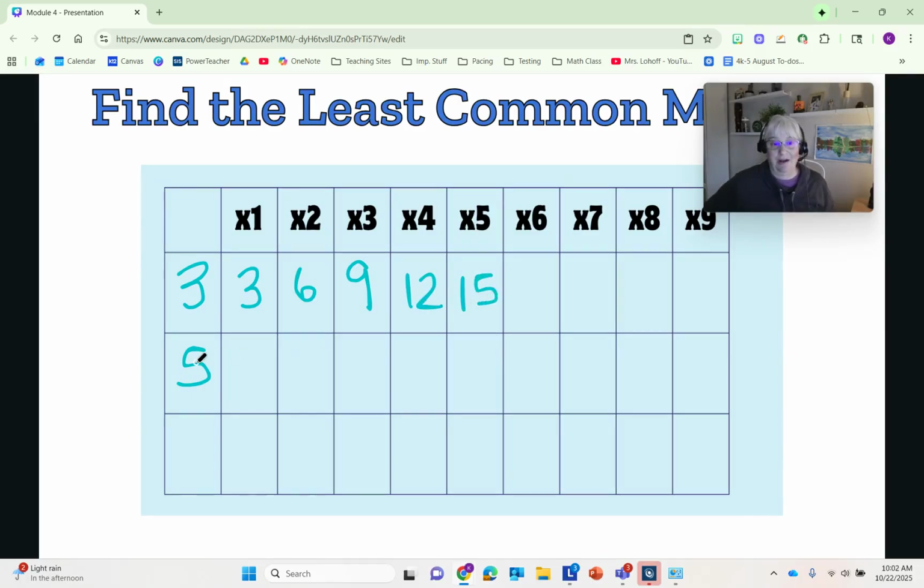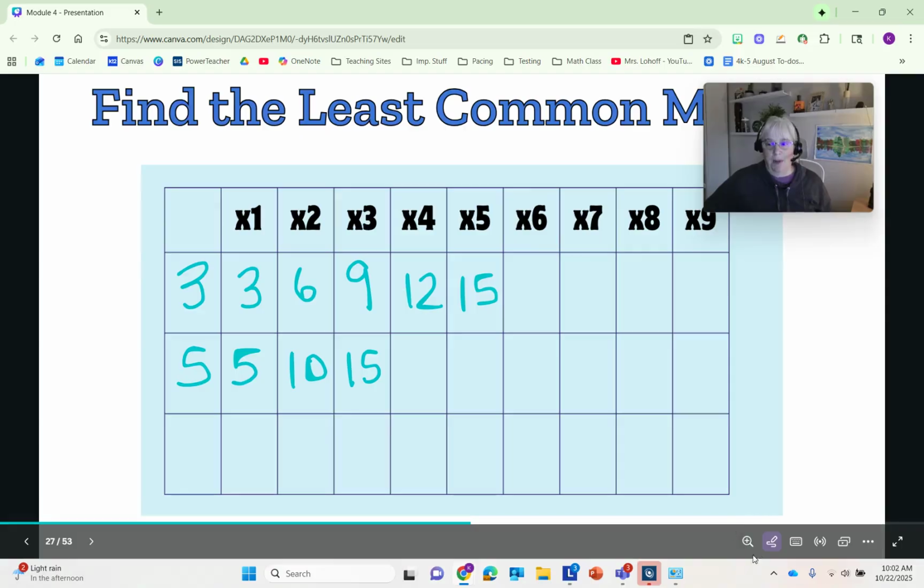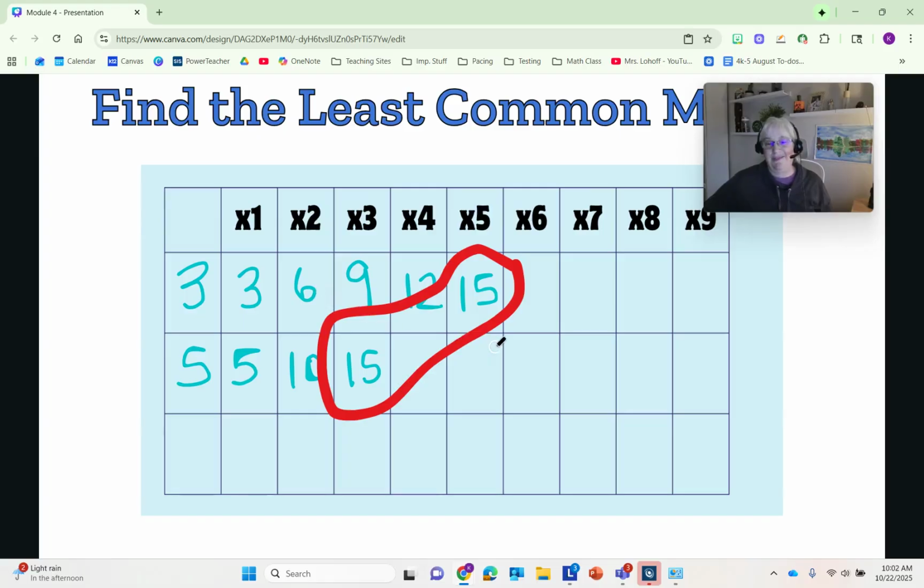Well, that will appear on the 5 chart because it is 3 times 5. 5 times 1 is 5. 5 times 2 is 10. And 5 times 3, there is our 15. We have a common multiple, and that's 15. And it's the smallest one that they have in common.